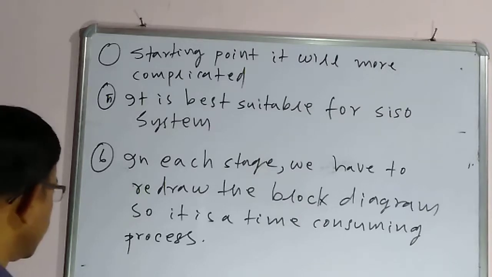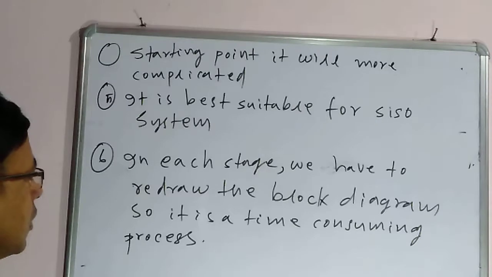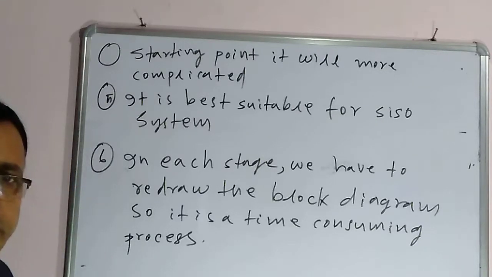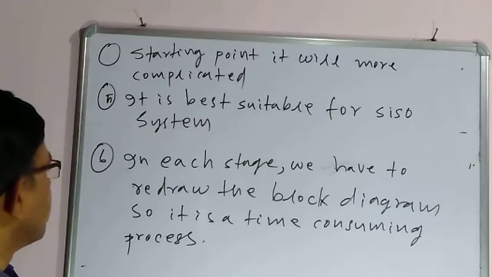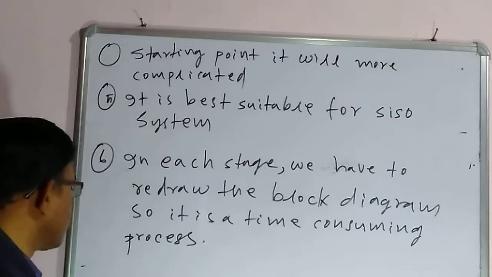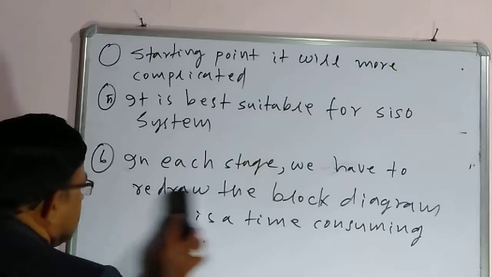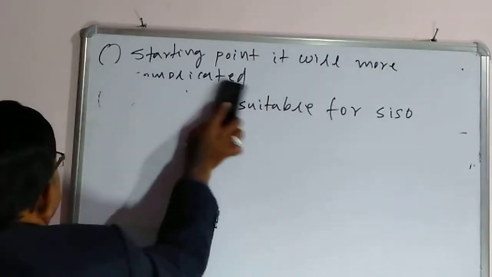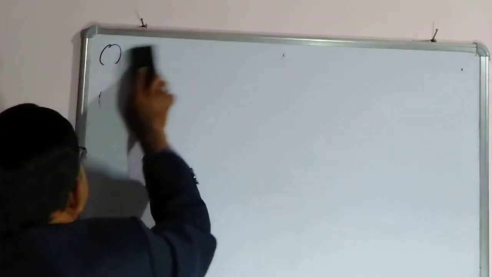Again, for a complicated system, the block diagram becomes more complicated, and finding the transfer function is not so easy. Therefore, a complicated system is not suitable for the block diagram reduction technique. So these are the major disadvantages or drawbacks of the block diagram reduction technique method.